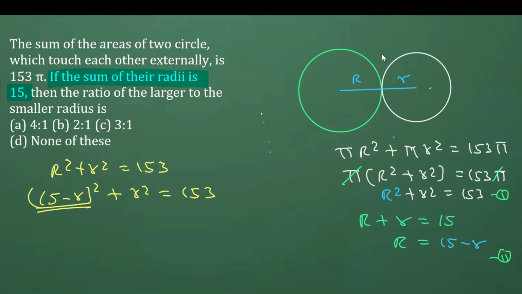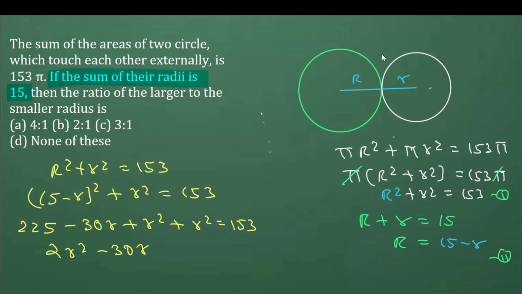I will apply the a minus b whole square identity. So a square, which is 225, minus 2 times a into b, that is minus 30r, plus b square as r square, plus r square is equal to 153. Now check, we have r square plus r square. That means I can write 2r square minus 30 times r. And if I bring this on the left hand side, it should be subtracted.